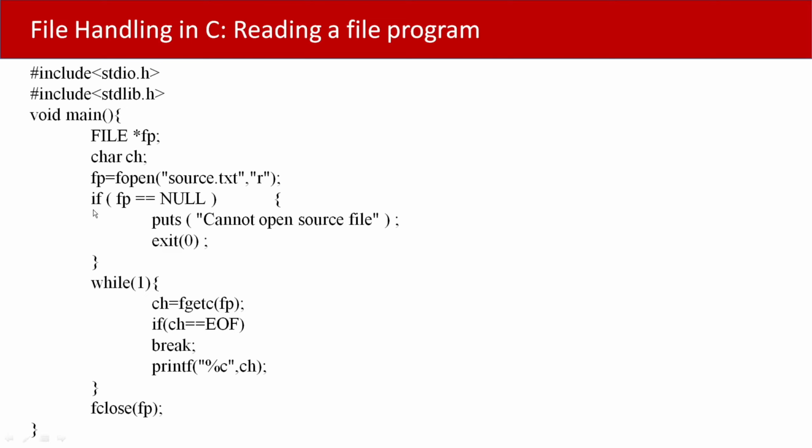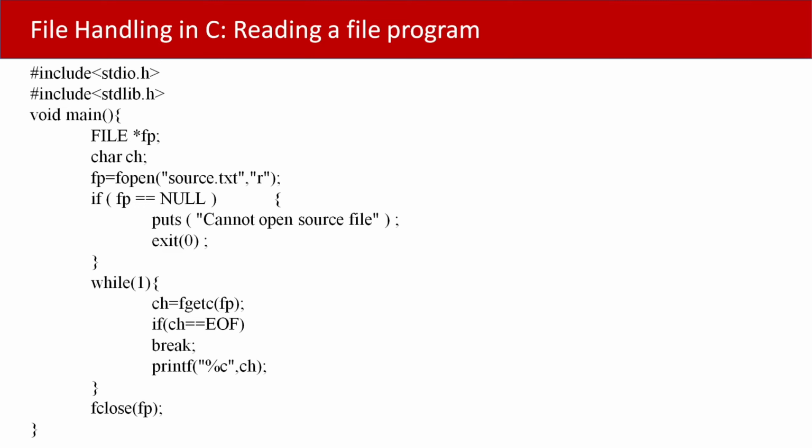Now if the file pointer is equal to NULL, that means fopen returned a null pointer, so fopen was not successful. It can be unsuccessful when your memory is full, or your memory has crashed, or the memory where I want to create or read the file is write protected.